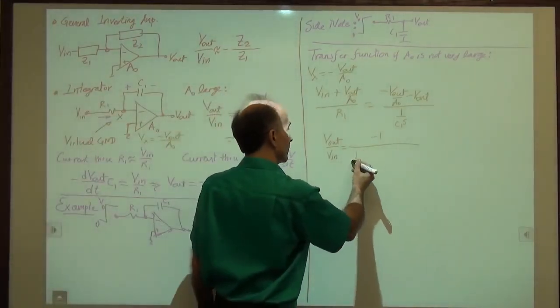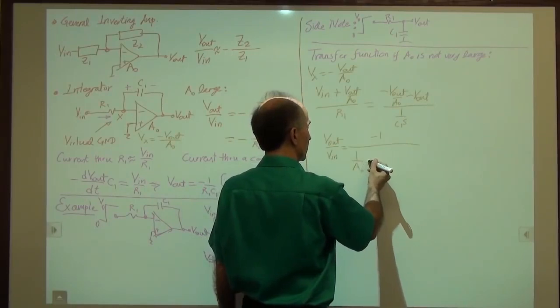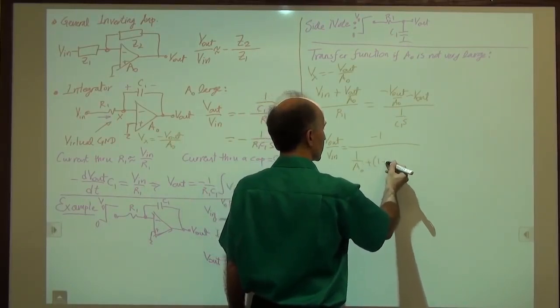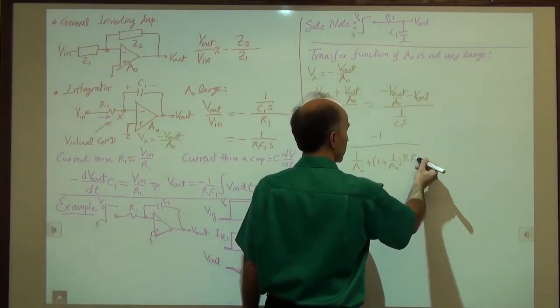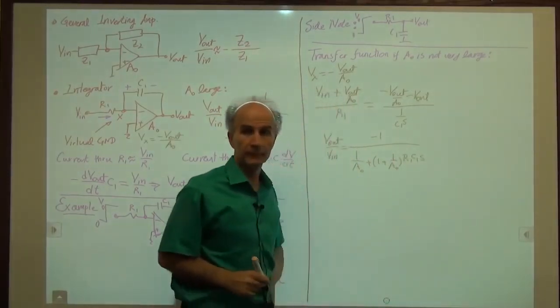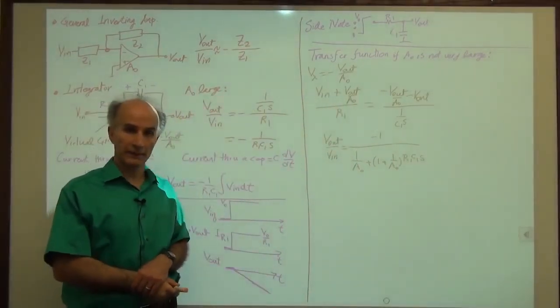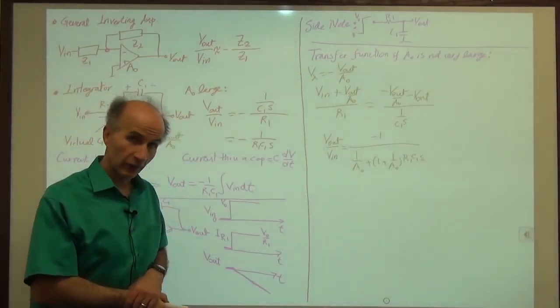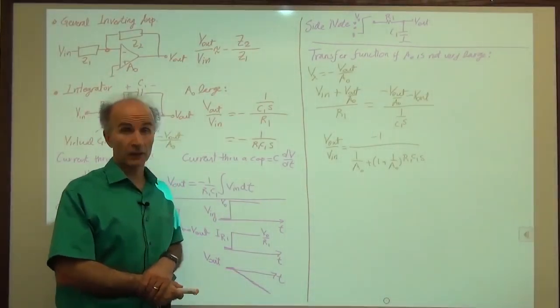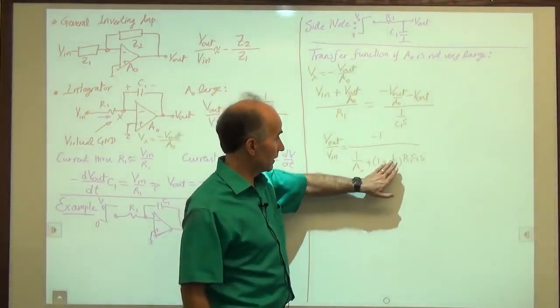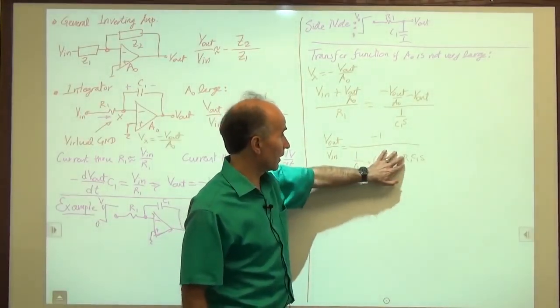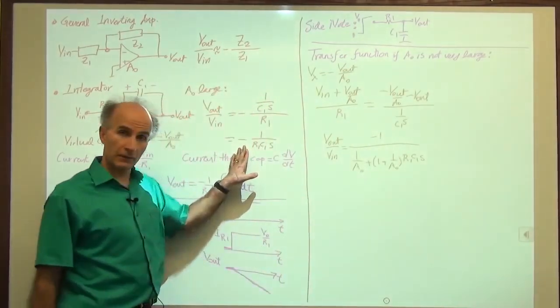So we have 1 over A0 plus 1 over A0 R1 C1s. That is the closed loop transfer function of the integrator if the gain of the op-amp is not very large. And you can see that if A0 goes to infinity, this goes to 0, this goes to 1, we're back to the idealized situation.